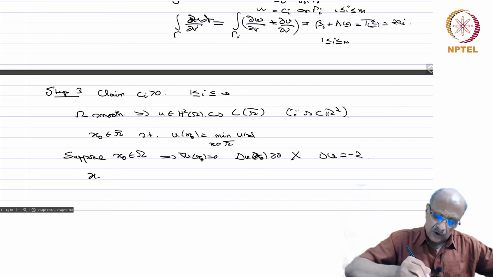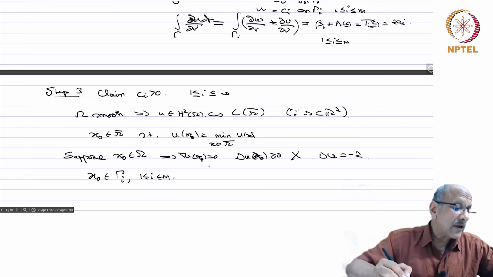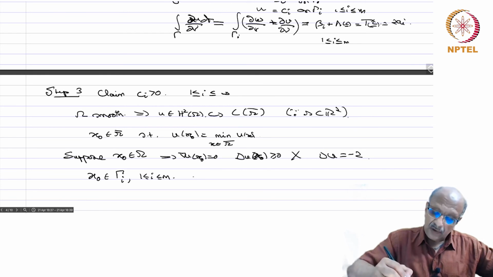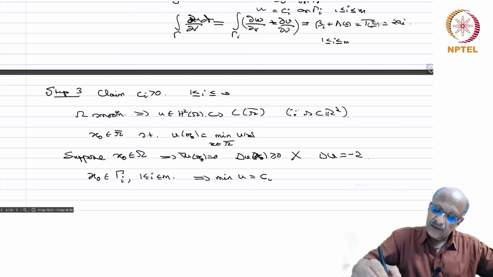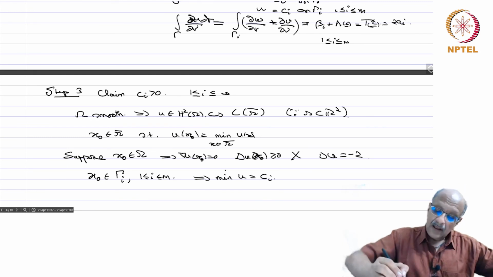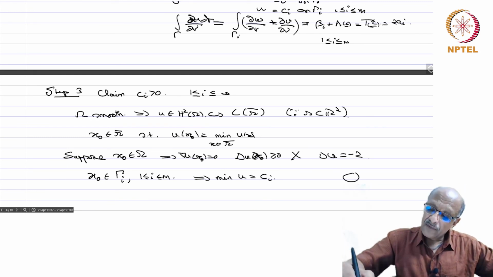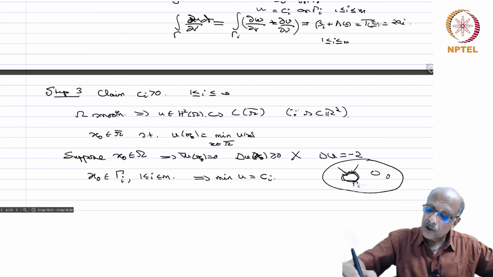So, let x naught belong to some gamma I. Okay. Then this implies that minimum of u is in fact Ci. But then if you have, so this is gamma I. So, Ci is the minimum of u, that means if you approach it along the normal direction here, it is a decreasing function.